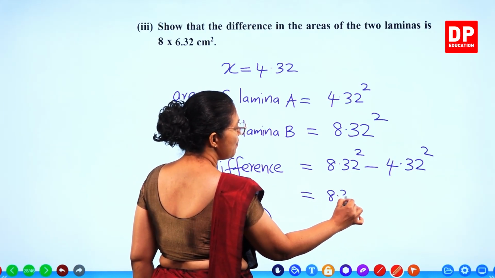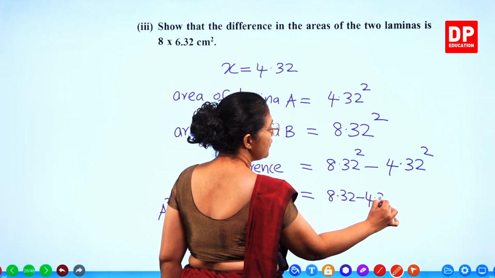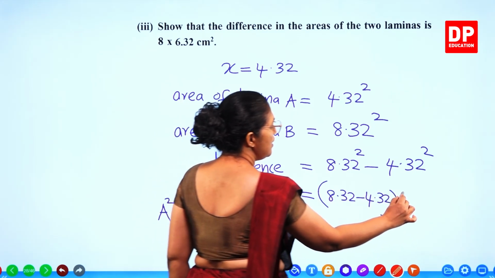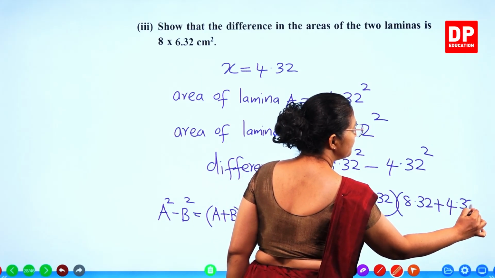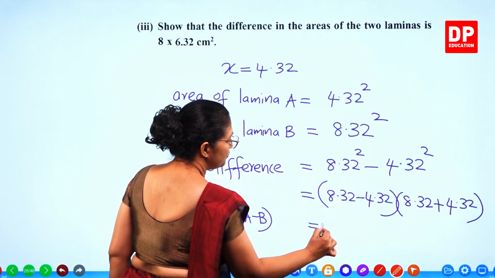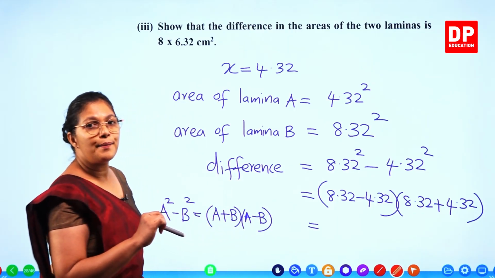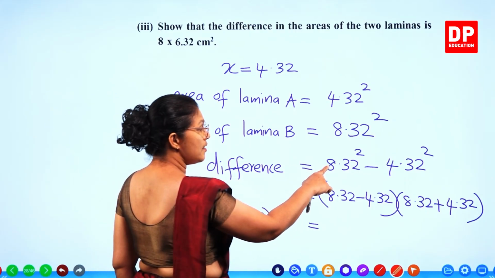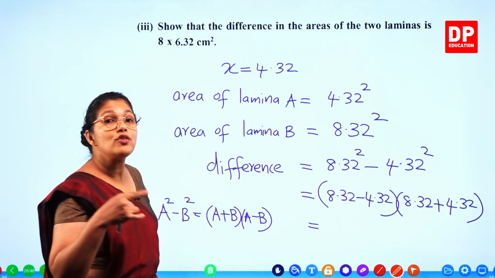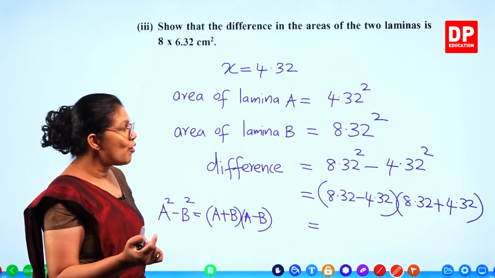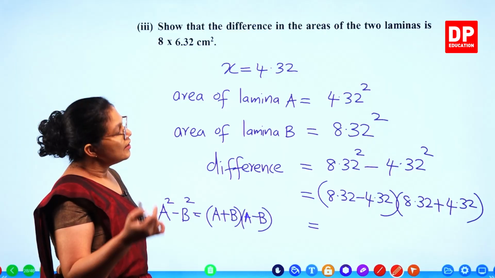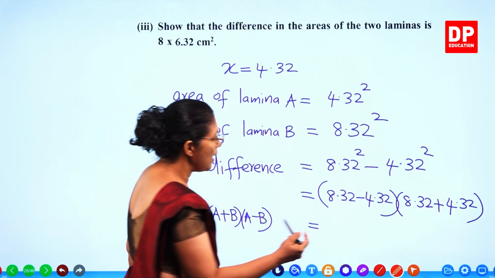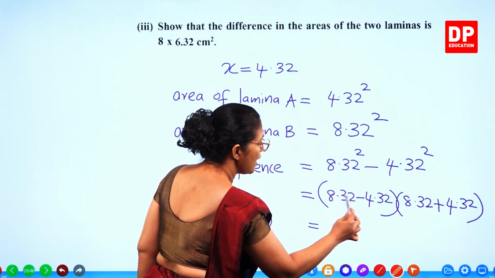So you can write 8.32 minus 4.32 and 8.32 plus 4.32. Why are we using this method? Because it's easy. Otherwise, you have to find the 8.32 squared value and the 4.32 squared value. That means long multiplication. So it takes time. This way, it's easy to calculate the value.